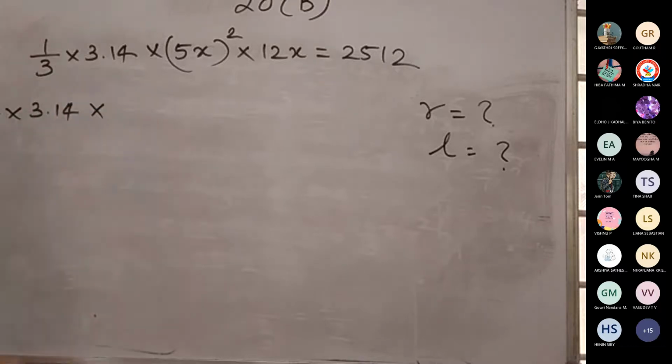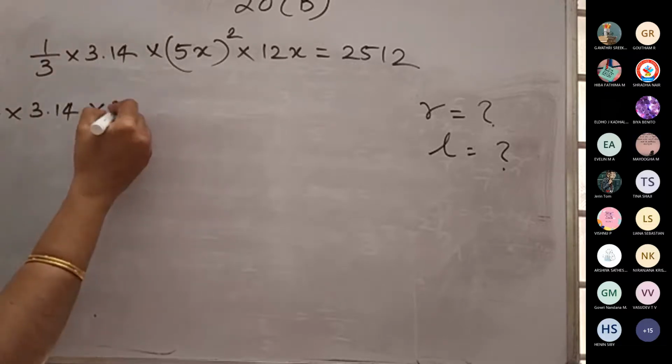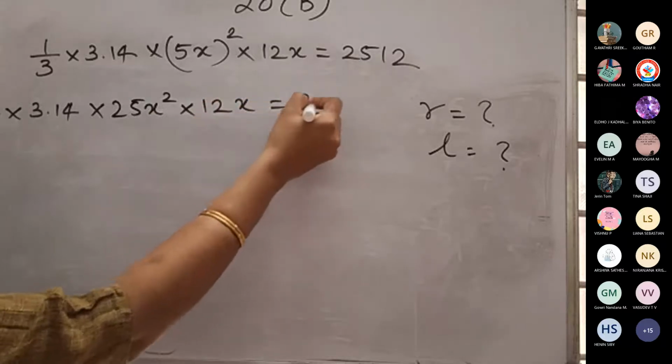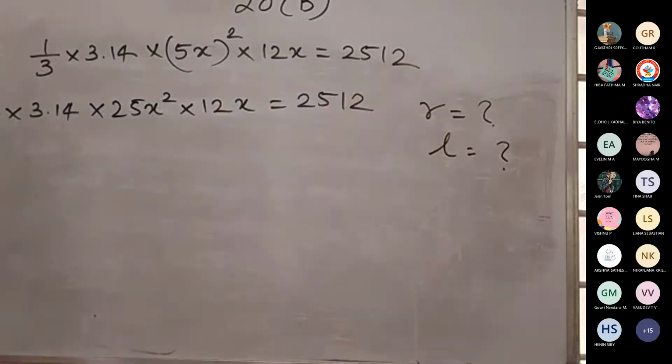Into 5x the whole square is what? 25x square. x square into 12x is equal to 2512. Write this. Next, what do I have to do? Tell me.